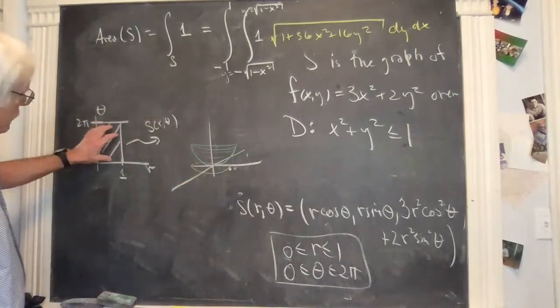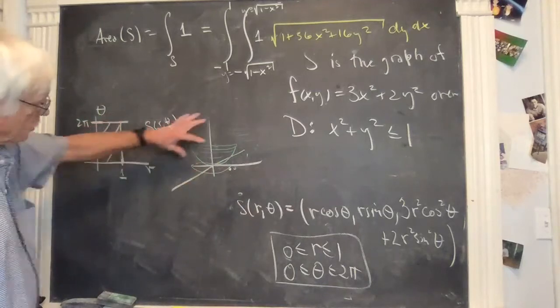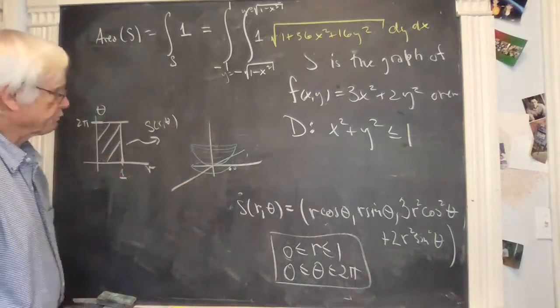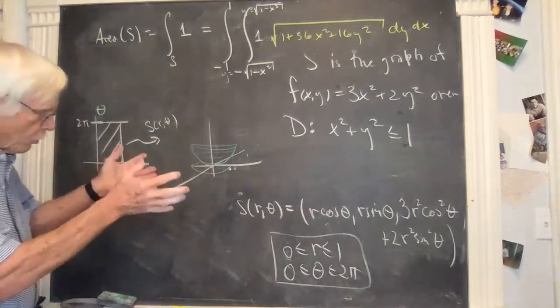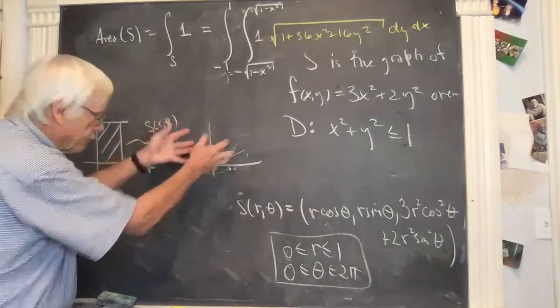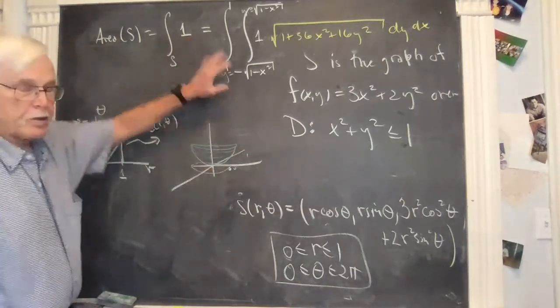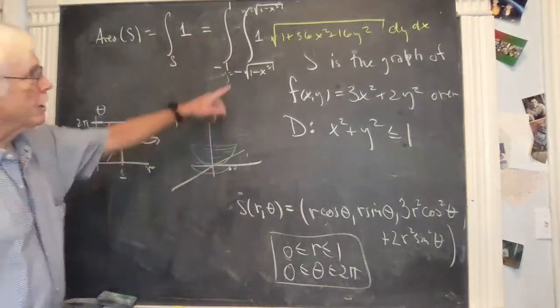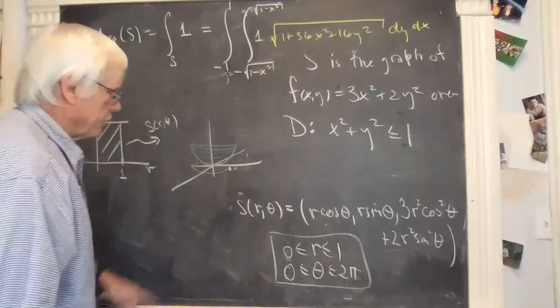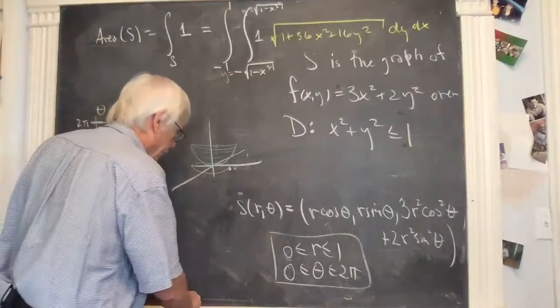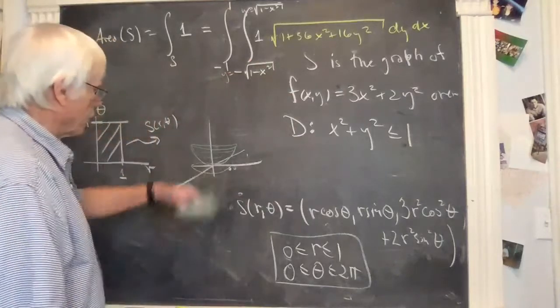So now this function maps this rectangle onto this exactly. It takes it, folds it, bends it, and makes it fit there. And this computation finds the area. I didn't do the computation yet, but these computations find the area of this figure.